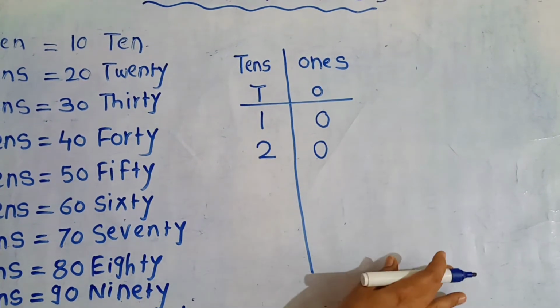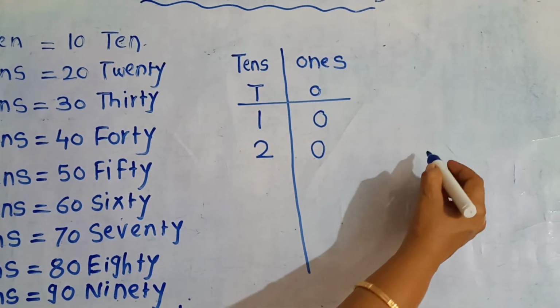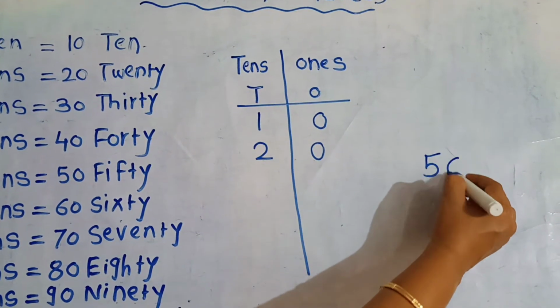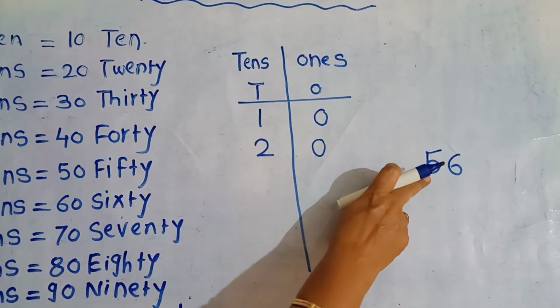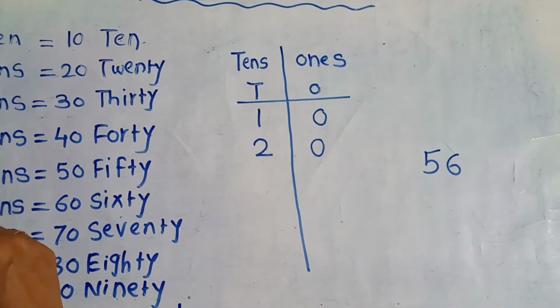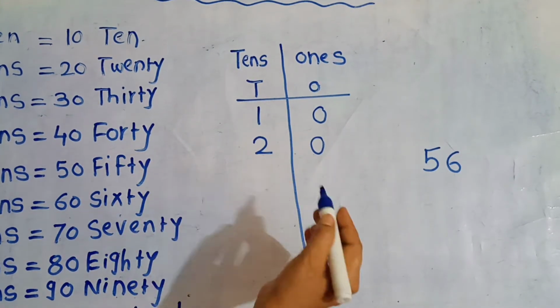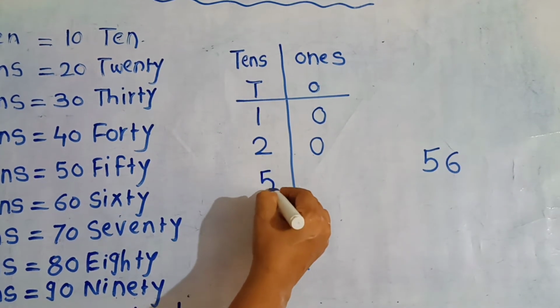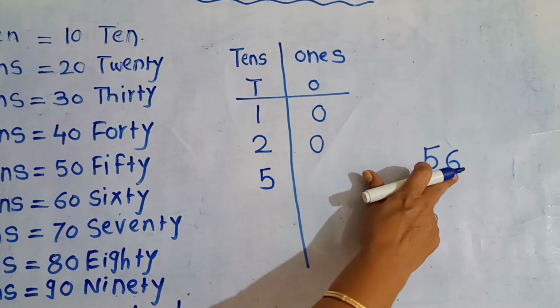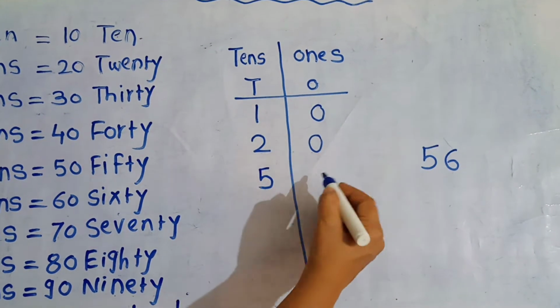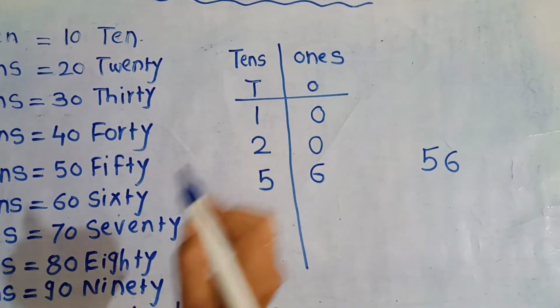Okay. If I will give you one number, 56. Now tell me, which number will come in tens place? Of course, this 56 means 5 will come in tens place and this 6 is in ones place. So, 6 will come in ones place.